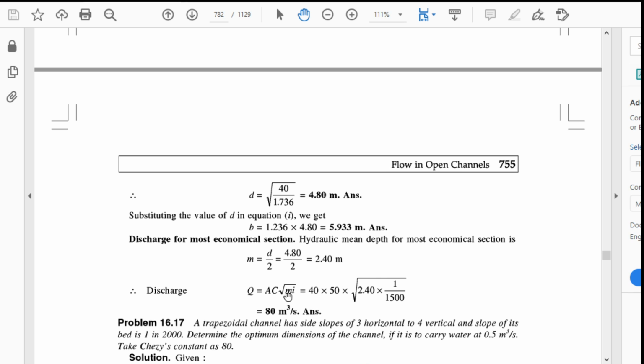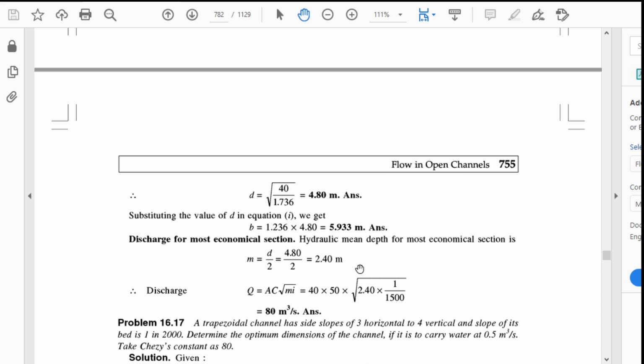Now this M can be calculated by using one of the conditions for most economical trapezoidal section, that is hydraulic mean depth or hydraulic radius will be equal to half of the depth of flow, that is D by 2. Now the value of D is 4.8, so your hydraulic mean depth will be 2.4 meters.